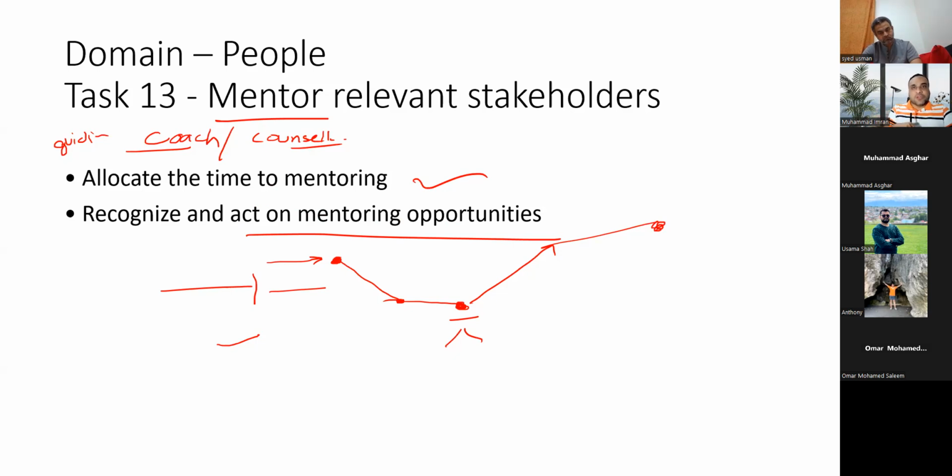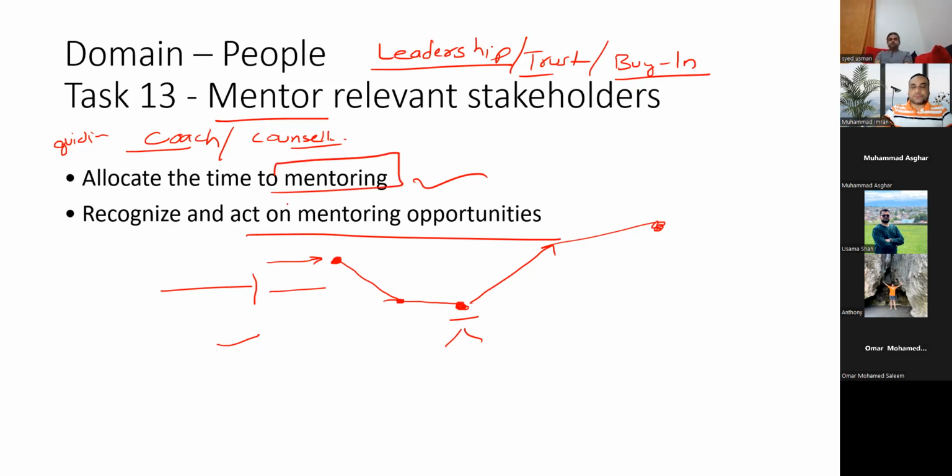If they are demotivated, ultimately your project will be delayed. So you need to think proactively, and by using your leadership skills or power skills, you have to continuously mentor them. So the team will have trust in you, and ultimately, a word used in the question is buy-in: you will get buy-in from the team, and buy-in means getting the support from the team. They will always support you in all situations because you are their leader.